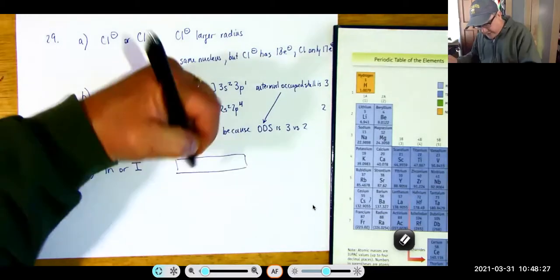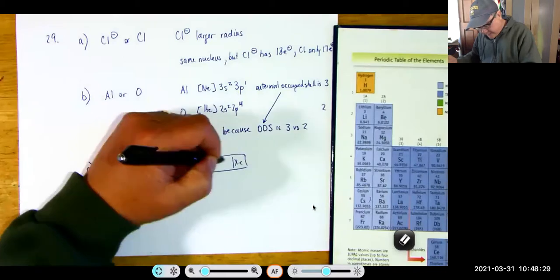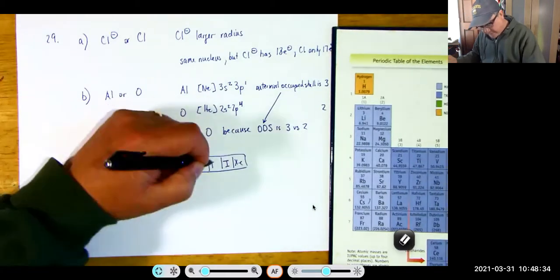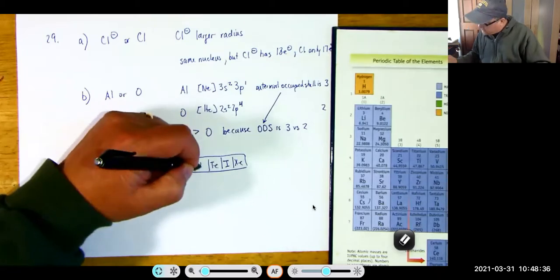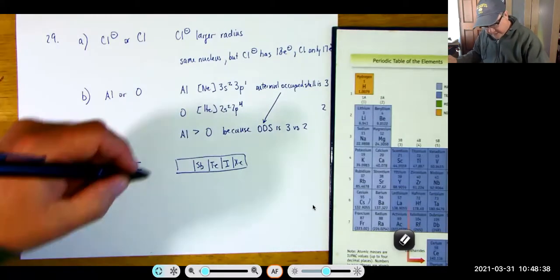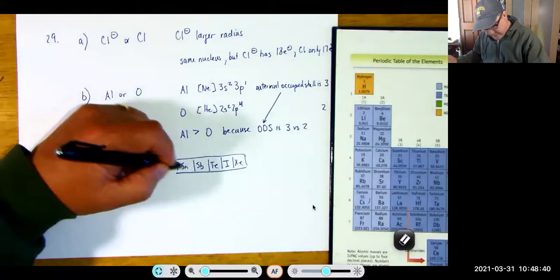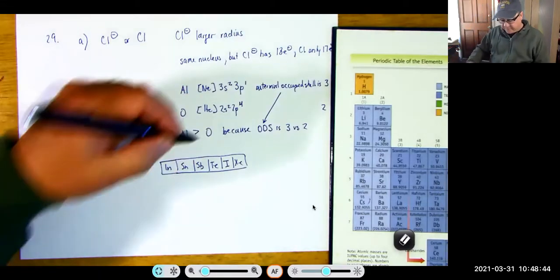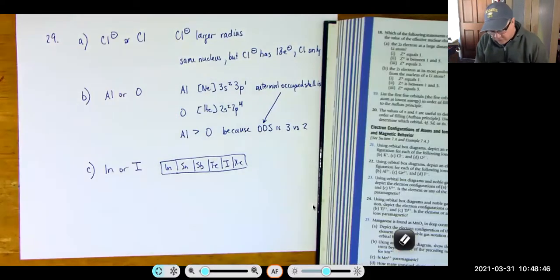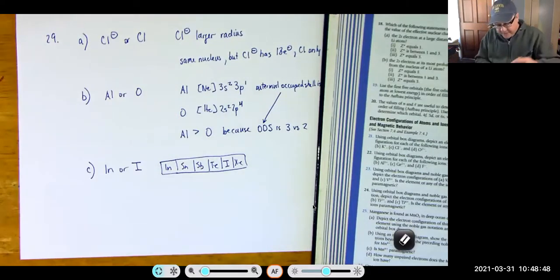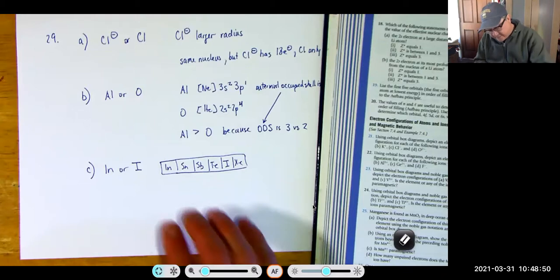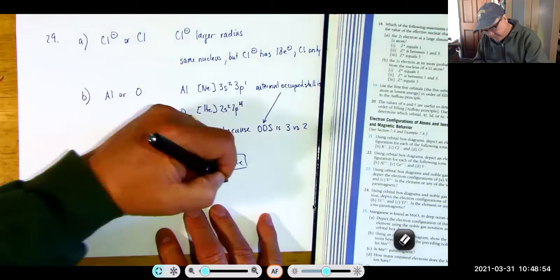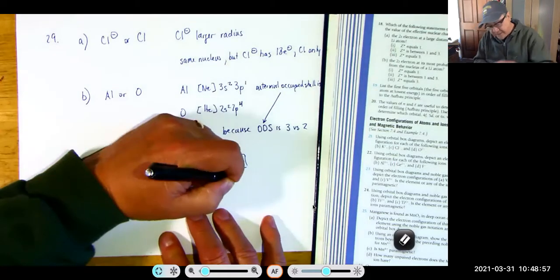And we have xenon, iodine, tellurium, antimony, tin, and then indium right here. So we're comparing these two guys. So what we should suspect here is that indium is going to be larger and iodine smaller. That's our prediction.